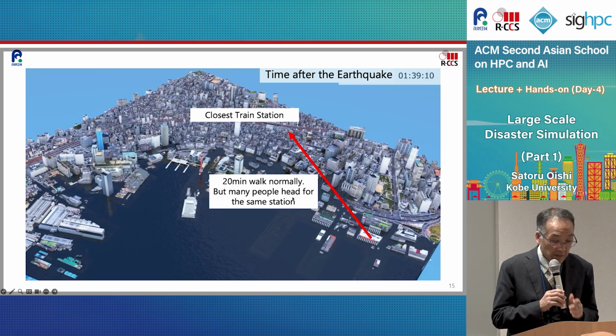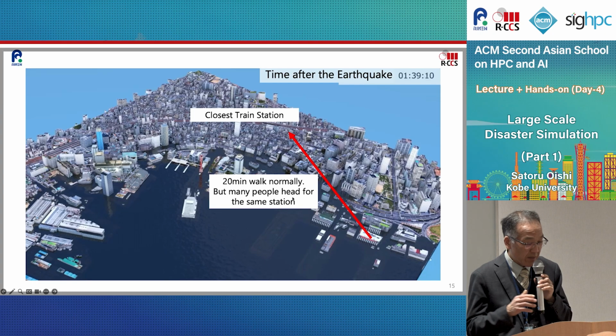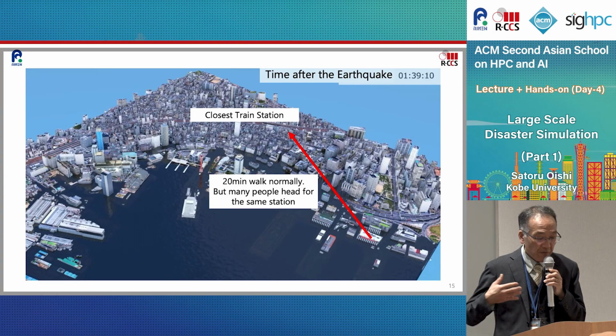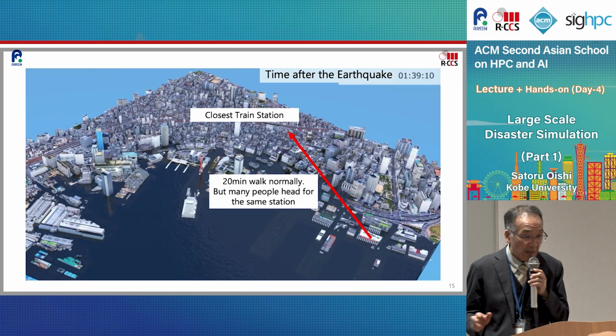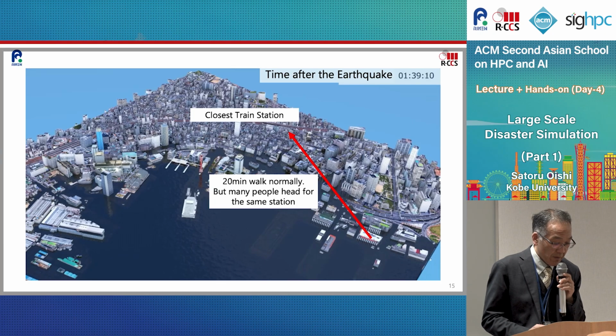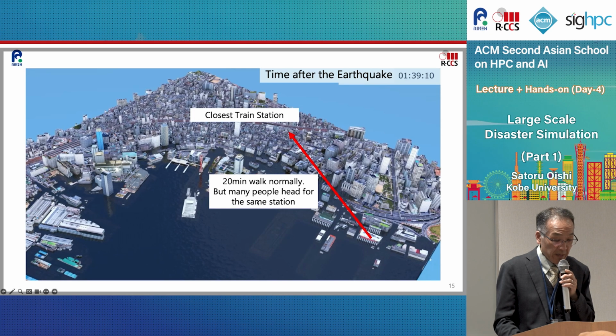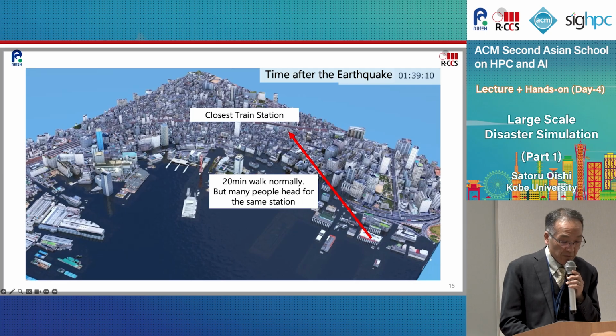So you may assume that you have enough time for reaching the train and you go back to your home without any problem. A 20 minute walk, but many people head for the same station.